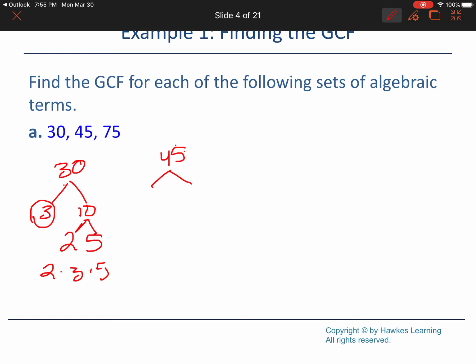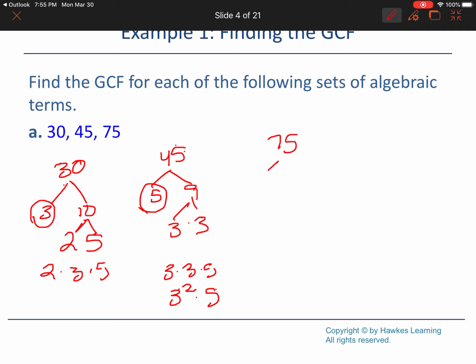All right, 45 is 5 times 9. 5 is prime, so we're done there. 9 is 3 times 3. So we have 3 times 3 times 5, or sometimes we write it 3 squared times 5. All right, and then we have 75.